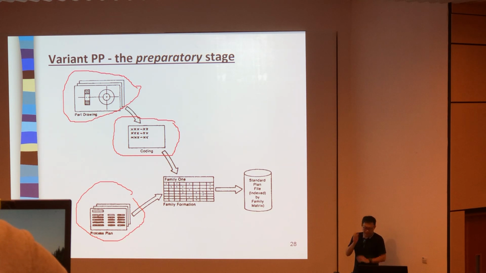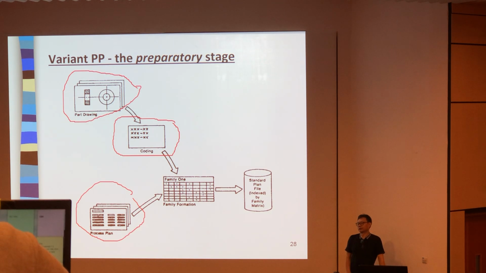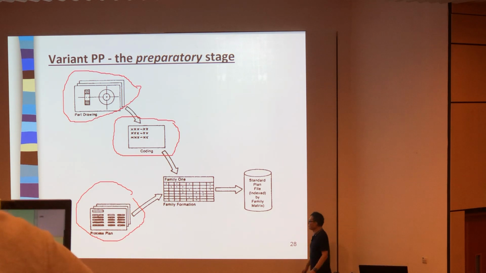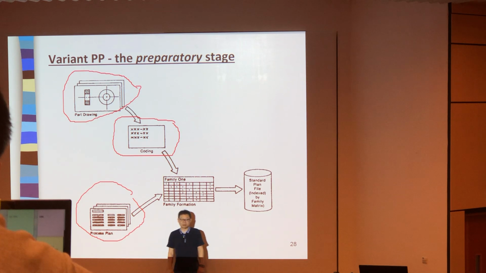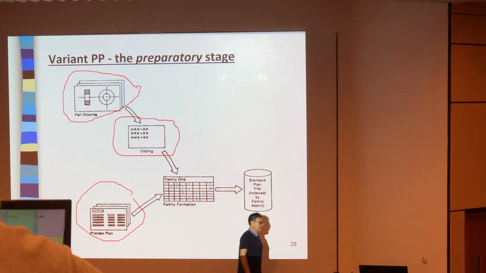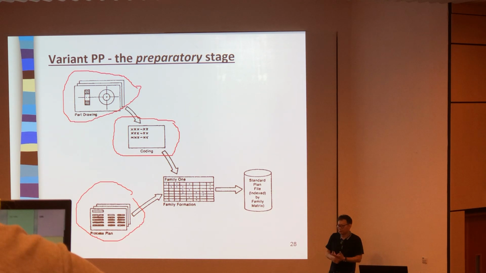Okay. And after that, for each part family, we need to form a so-called master plan or standard plan. And this plan you can create by using the members' process plans. As I mentioned, a standard plan may, first of all, meet the requirement of all its members.